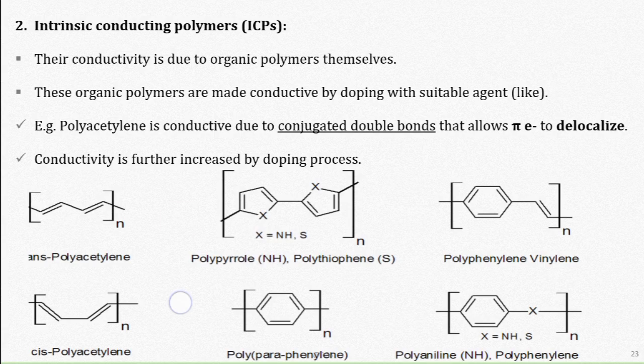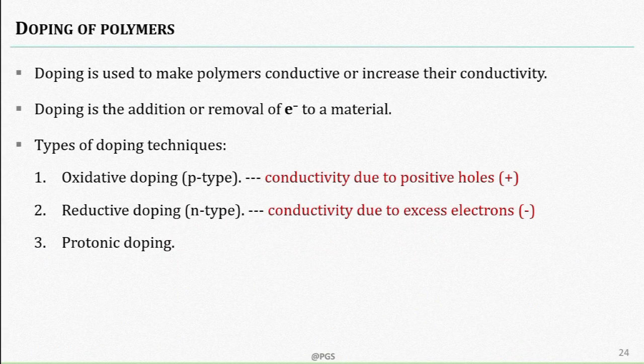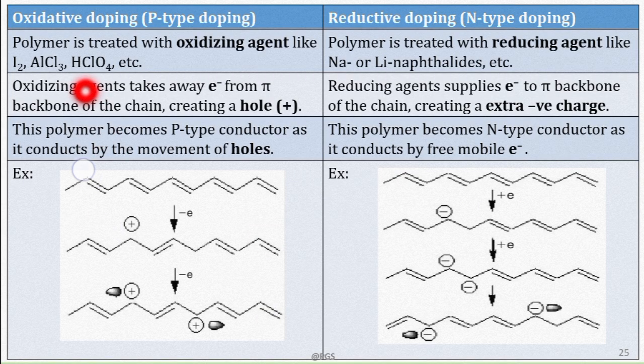So here are some examples of conducting polymers. Then doping of the polymers. The polymers can be doped using different mechanisms like oxidative doping and reductive doping. Oxidative doping: in oxidative doping, polymer is treated with an oxidizing agent like I2, aluminum chloride, HClO4, that is perchloric acid.